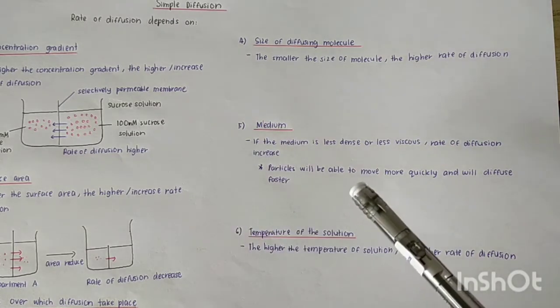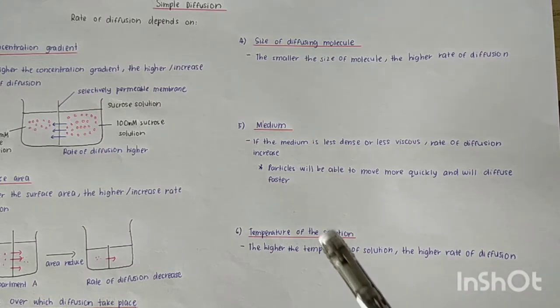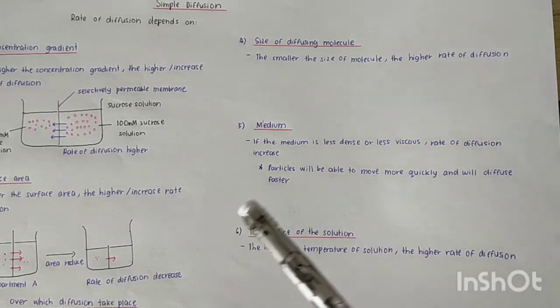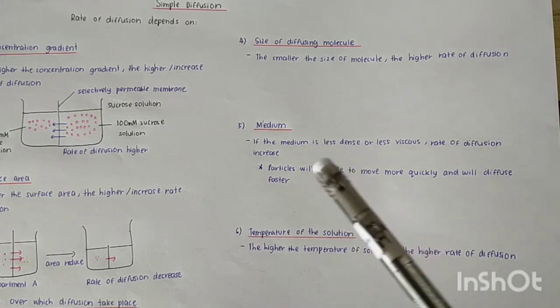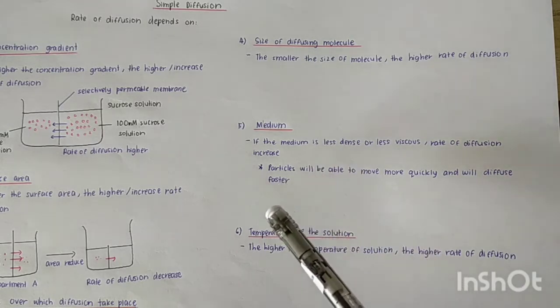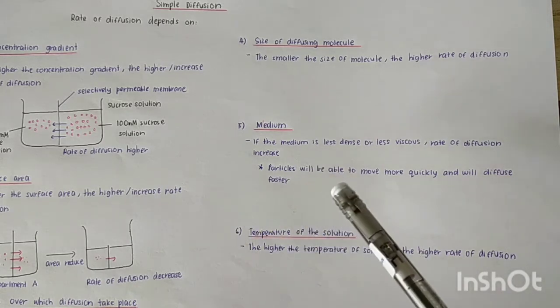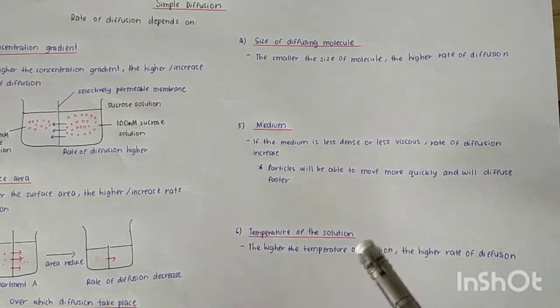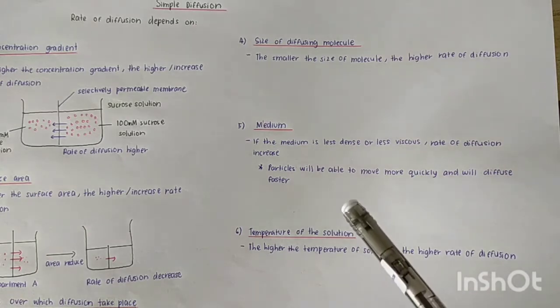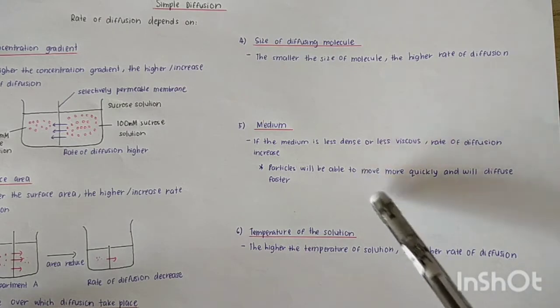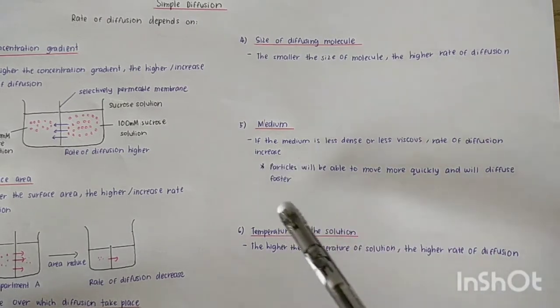So kalau kita compare, contohnya kita letakkan substance tu di dalam air dan juga di dalam oil, viscosity of air tu adalah lebih rendah. So that's why substance tu akan diffuse dengan lebih cepat compare kita kata medium tu di dalam oil. Particles will be able to move more quickly and will diffuse faster.